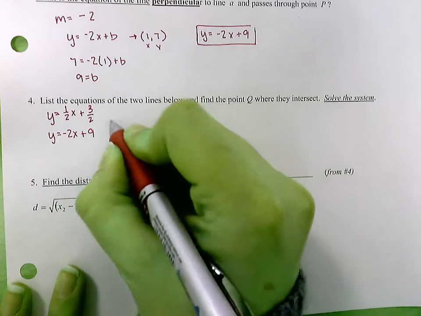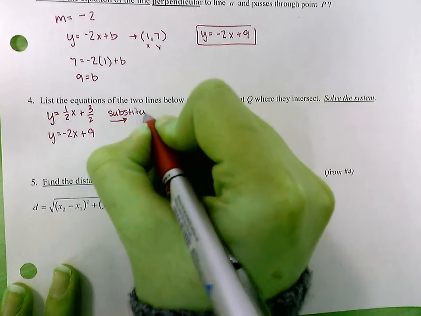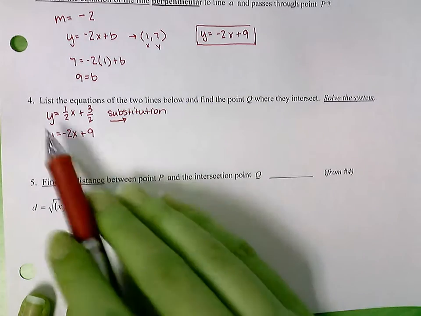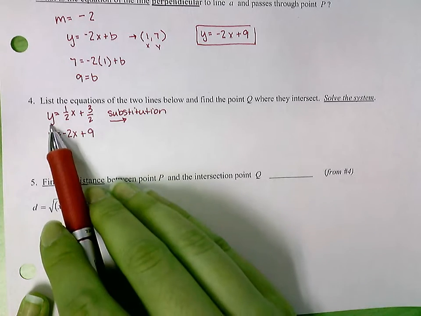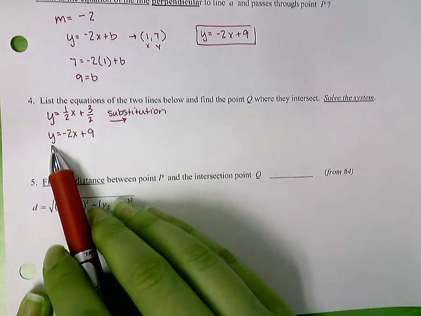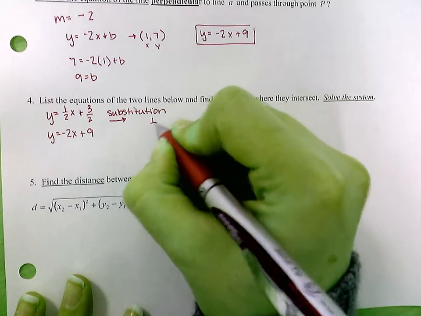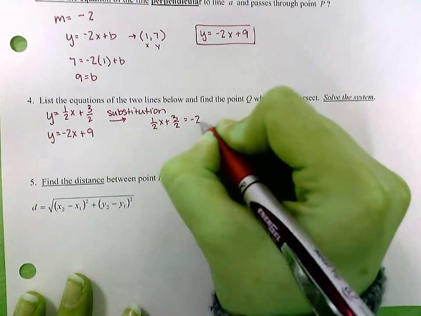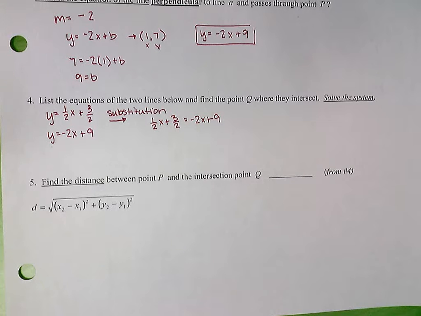So we're going to use substitution. I'm going to substitute -2x plus 9 in for this y, since it is also equal to y. So we'll have 1/2 x plus 3/2 is equal to -2x plus 9. Both are equal to y, so they equal each other.